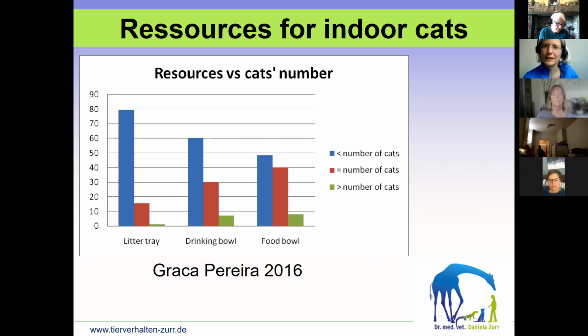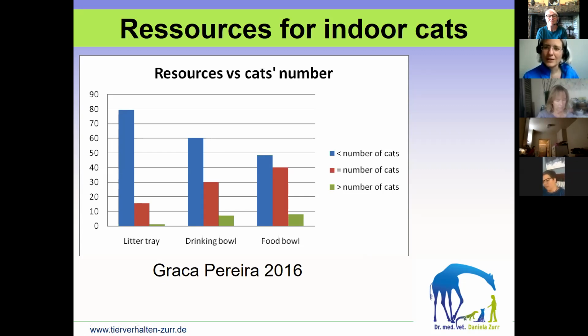And in general, it should be number of cats plus 1. So if you have 3 cats, you should have 4 litter trays, and so on. And in 80% of the cases, they have fewer litter trays than cats. In 60% of the cases, they have fewer drinking bowls than cats. And still, in even 50%, they have fewer food bowls than cats.